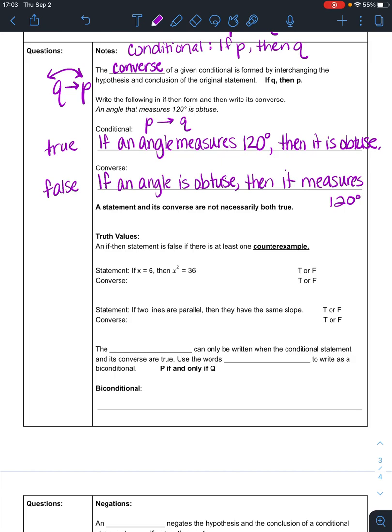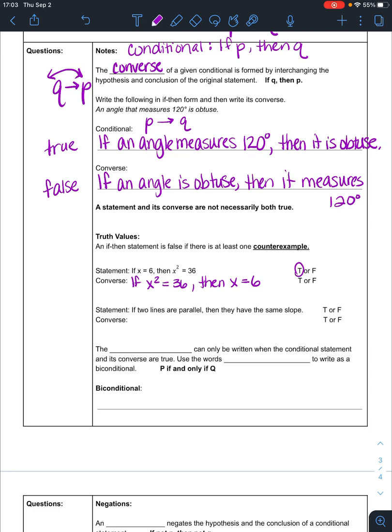The statement says if x is equal to 6, then x squared is equal to 36. So I'm saying x is 6. If I square 6, am I going to get anything other than 36? No. So it is true. The converse would switch those two ideas around: if x squared equals 36, then x is equal to 6.